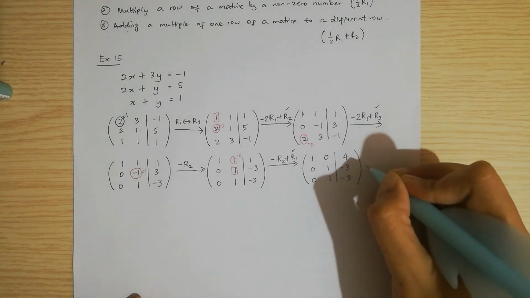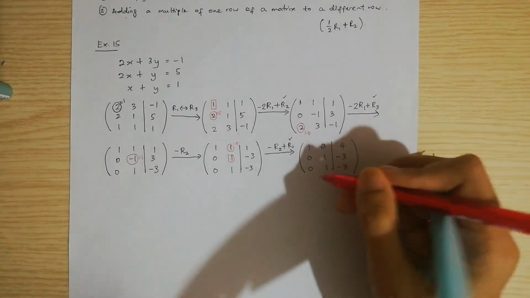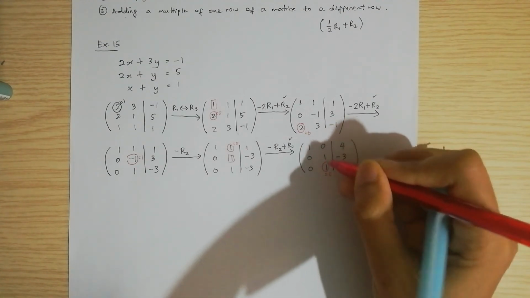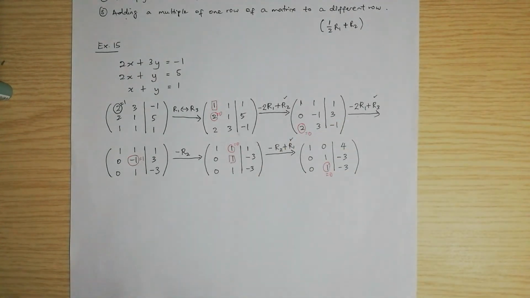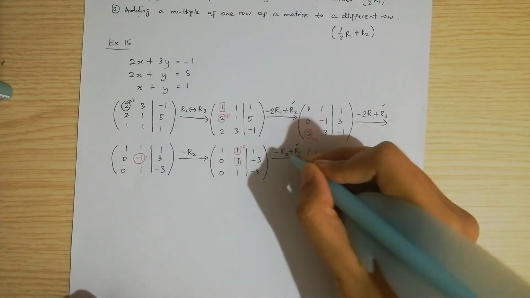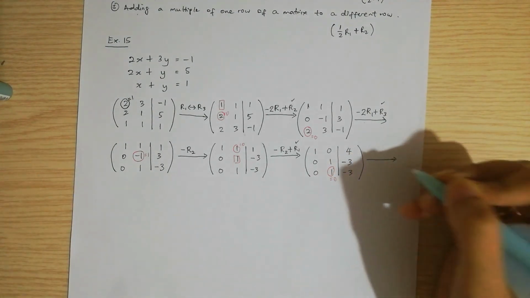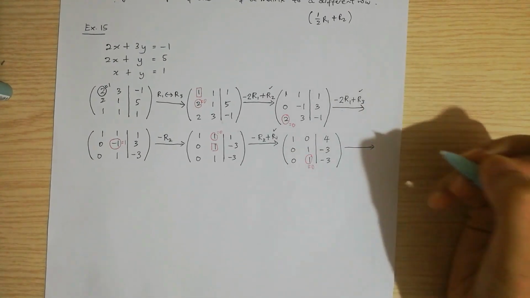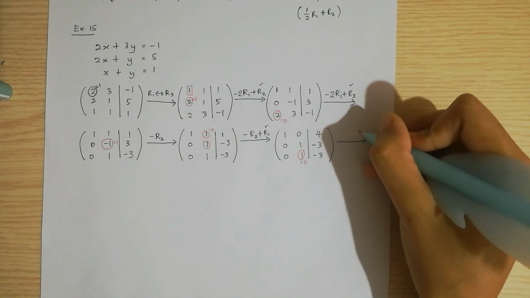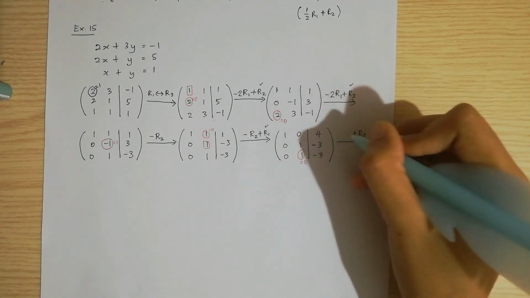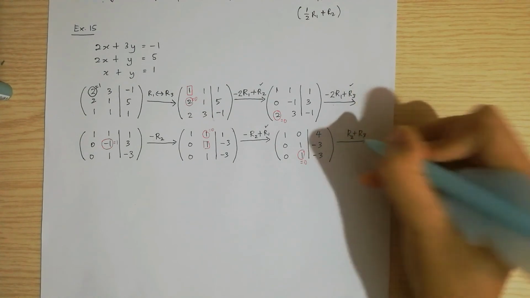Okay, so the next one is to change this to 0. Again, because you have the leading, the rest in the same column of the leading should be 0. So how to change to 0? Should be similar to this one. Okay, so you want to change row 3, always adding based on your leading, which is row 2.